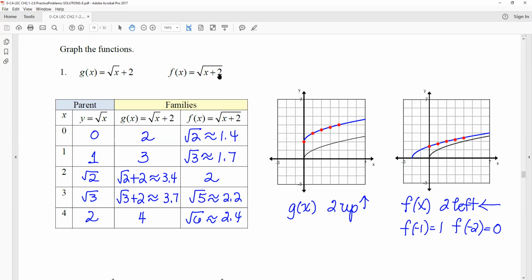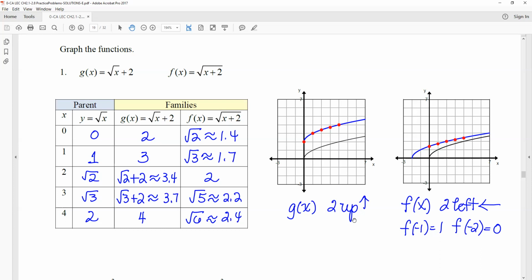Likewise, on this one, this is inside, but if you understand the square root function is, again, the black line, and that this is going to move everything 2 spaces to the left, 1, 2, and so on, then that's going to be good enough. I'd prefer that you label these graphs if you do that.